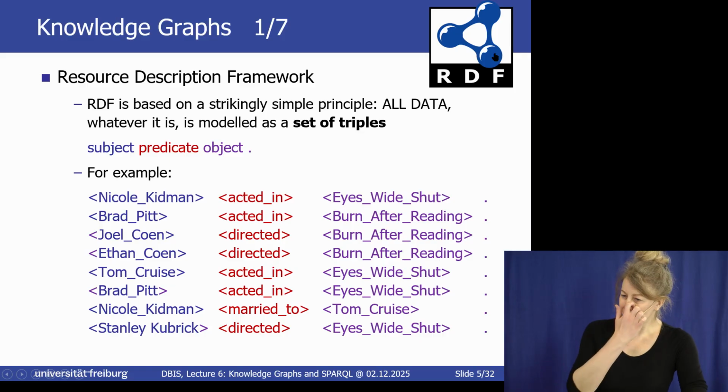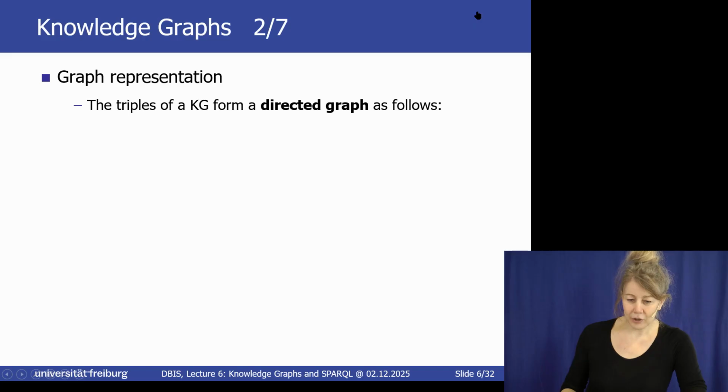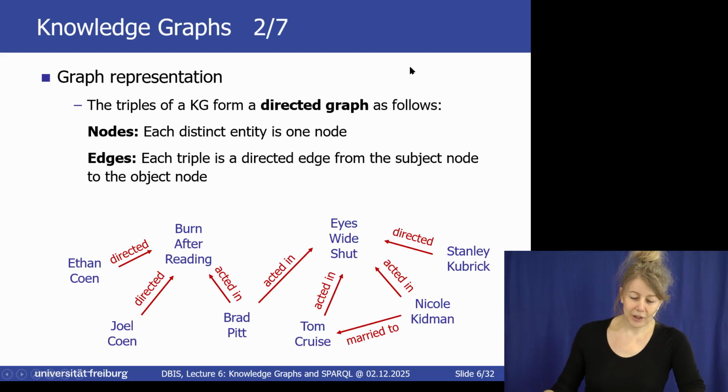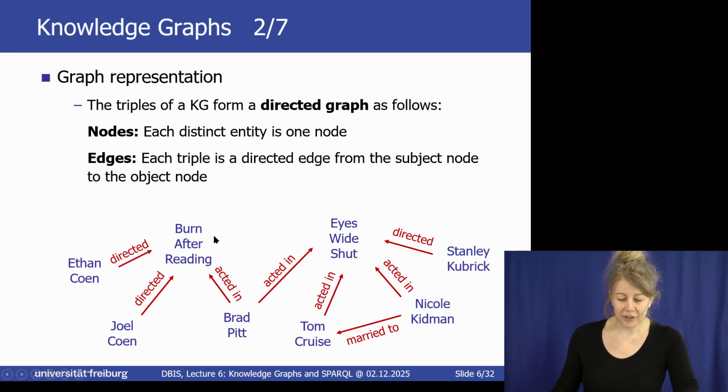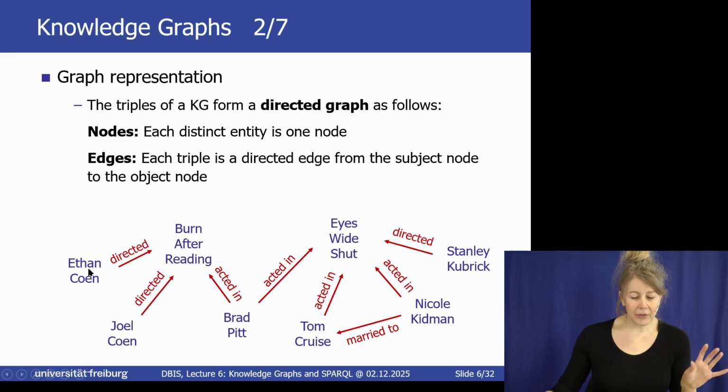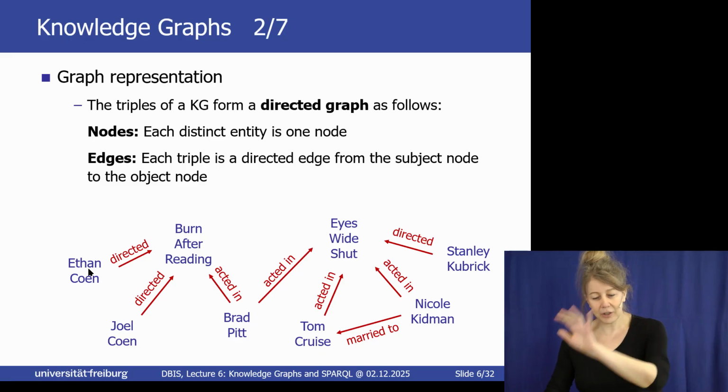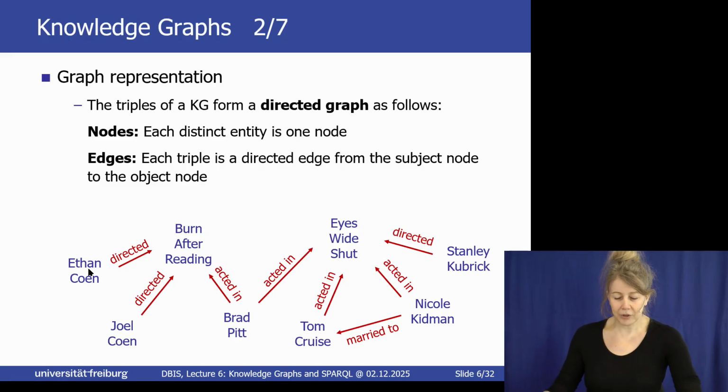It's also called a knowledge graph, and this is connected here in a small graph. Why is it called a graph? You can show the exact same thing which I've shown on the previous slide as a graph. All these things, entities we call them, are nodes in the graph. Here we have a director. A node can be anything, in this context a director, an actor, a movie, whatever.